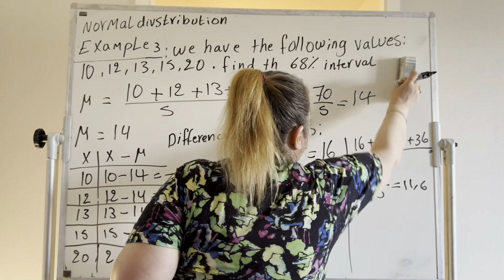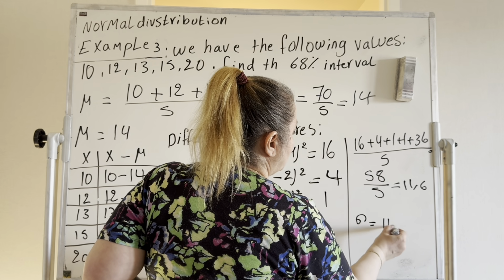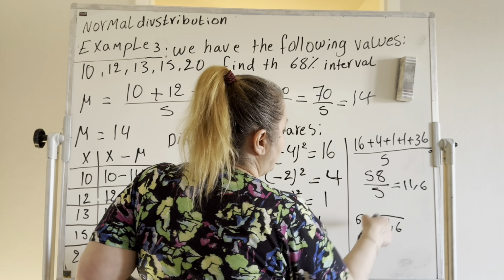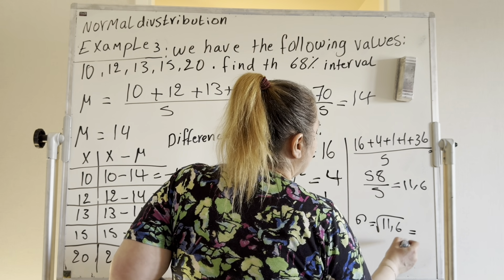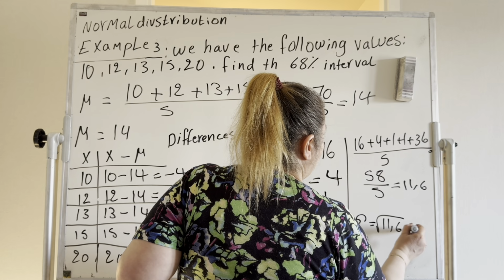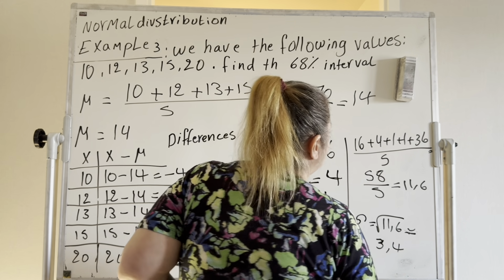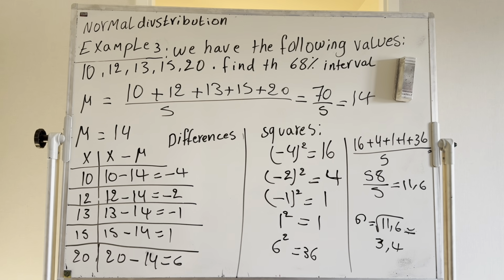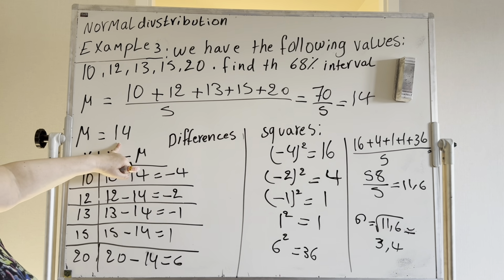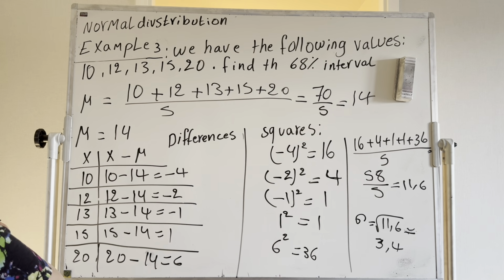Then for the standard deviation, I will take the square root of 11.6, approximately 3.4. Now I have calculated the mean equal to 14 and standard deviation 3.4.